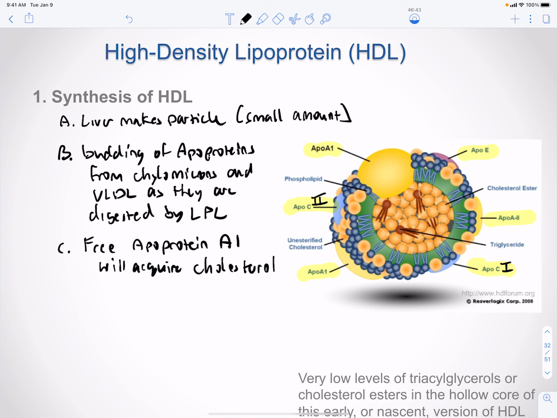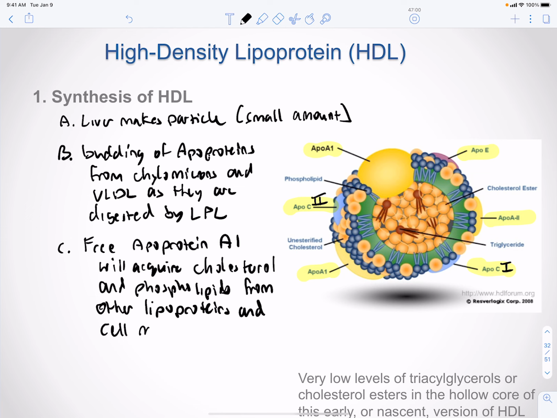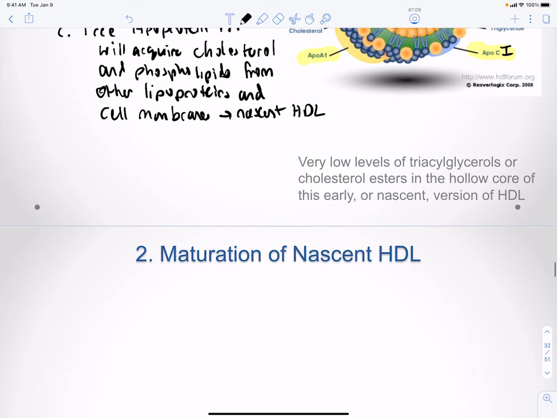So it kind of builds itself. Okay, so it's making a new HDL particle.